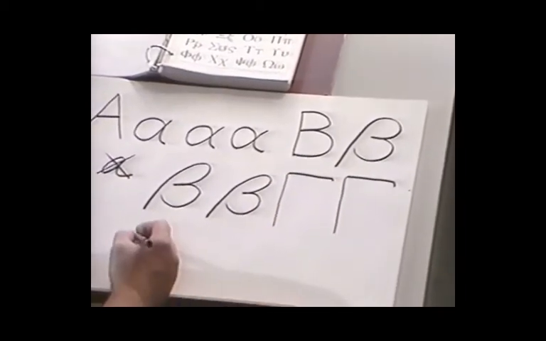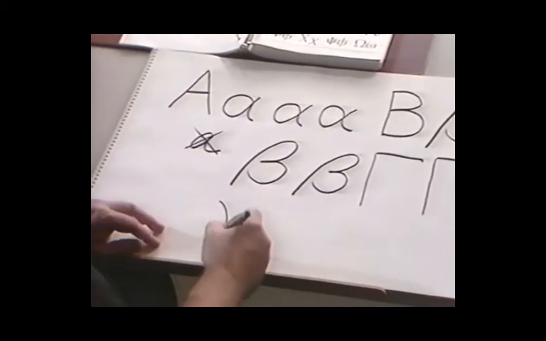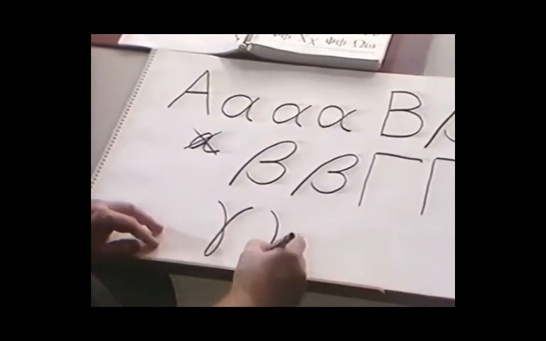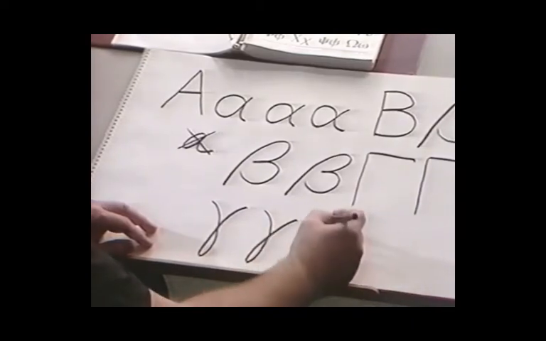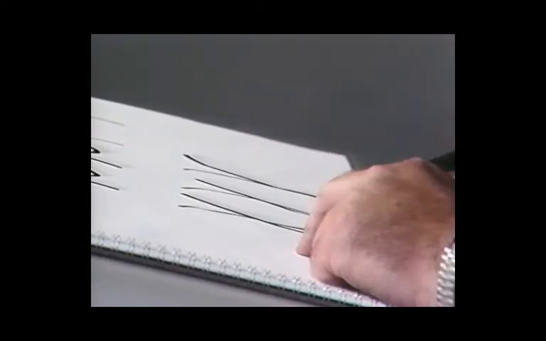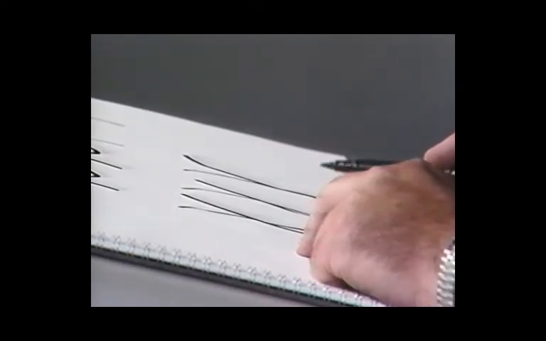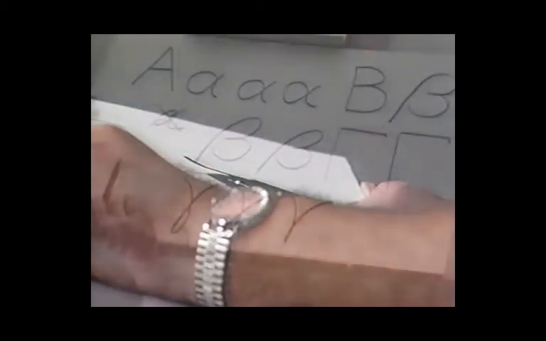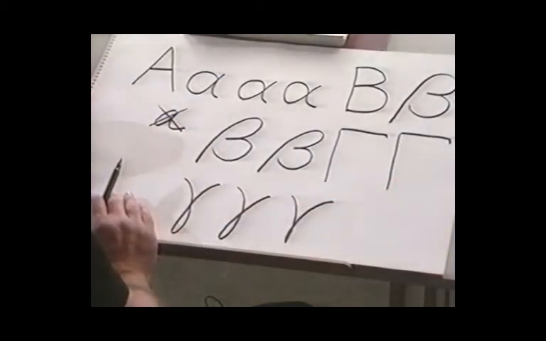Now the lowercase gamma looks somewhat like our Y. Sometimes you'll see a curlicue or open space here, and sometimes you won't. Either way, it's okay. This letter is equivalent to our English G and always has a hard pronunciation, as in the first g in the word garage, but never as in the second g in the word garage. We will always pronounce it g, with a hard G sound.